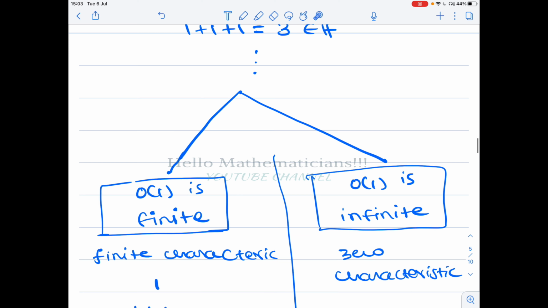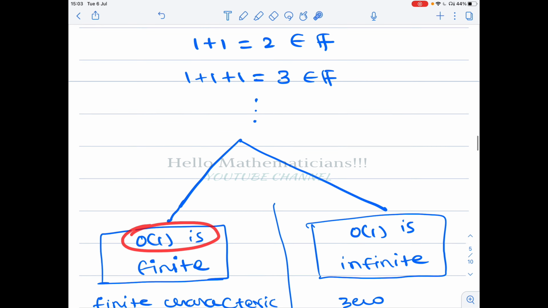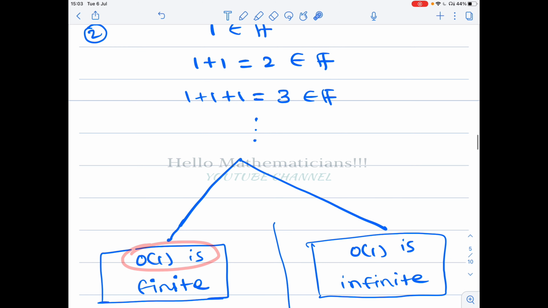If the order of 1 is finite, what is the meaning of that? Then you cannot keep going like this, because if the order of an element is finite, then if you add that element with itself some n times, you will get 0. So it will stop.